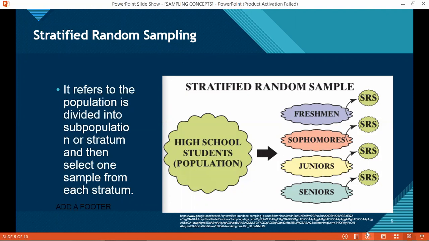Example natin ha, high school students population. And then you will divide it into subpopulations or strata. Ano ba yung mga stratum ng high school? We have the freshmen, the sophomores, the juniors, and then seniors. Tapos dyan, you will get your sample per stratum, not sa direct na population.